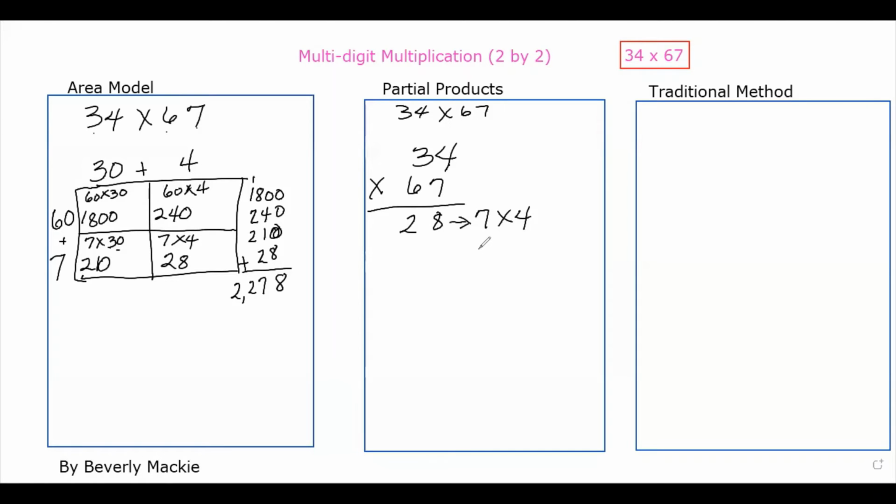Then I'm going to multiply 7 times my 3 tens, which is 30. 7 times 30 is 210. All right, so now we're through with the 7. Now we're going to multiply 6 times the 34.